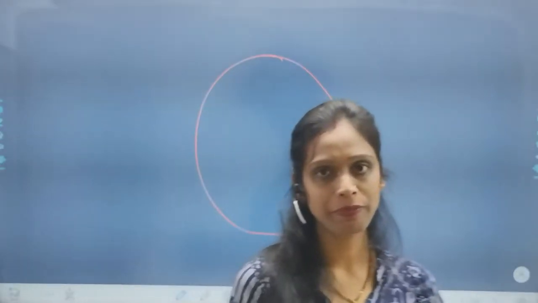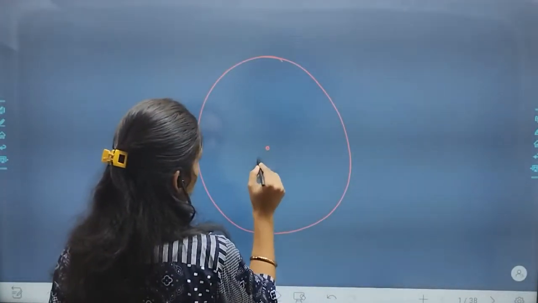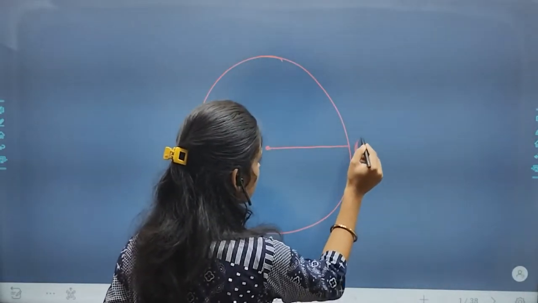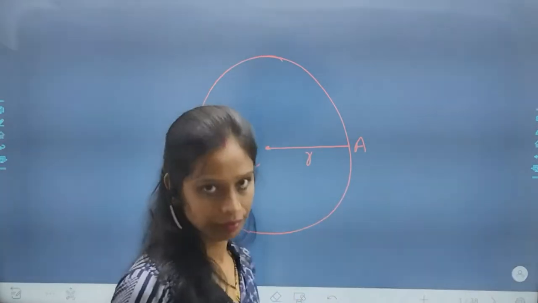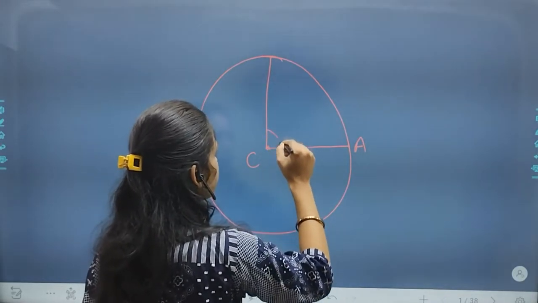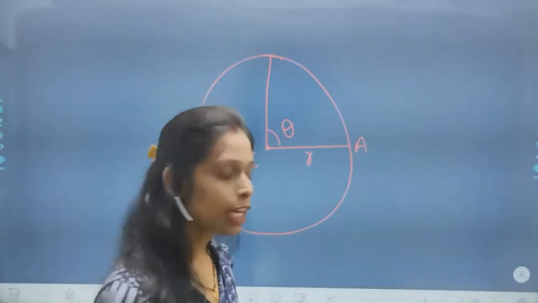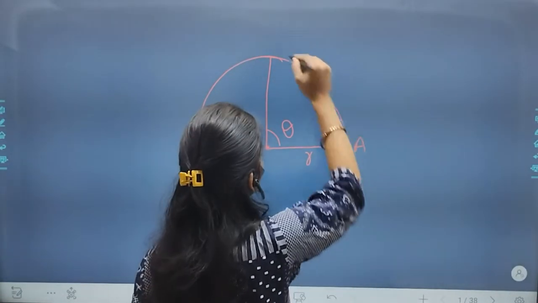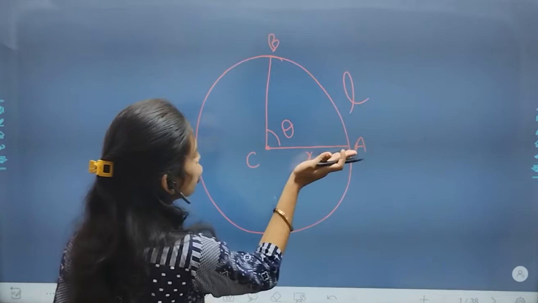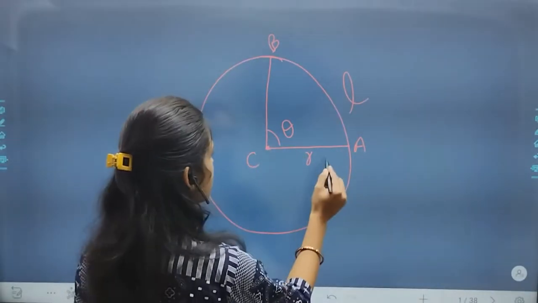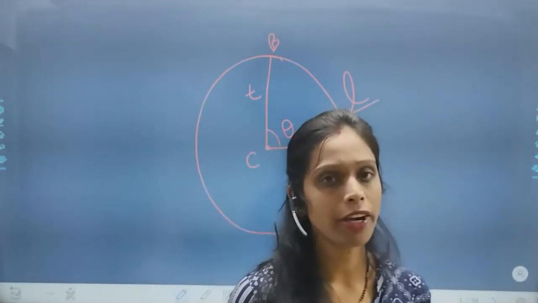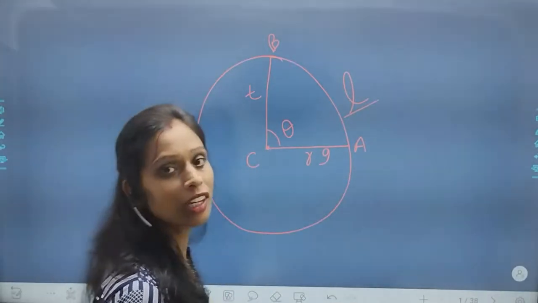Let us suppose this is a circle and this is the center, and this is R. Here it rotates and makes one angle theta, and the arc is L. After rotating from the initial point to the terminal point, its arc is L. Now consider another thing.